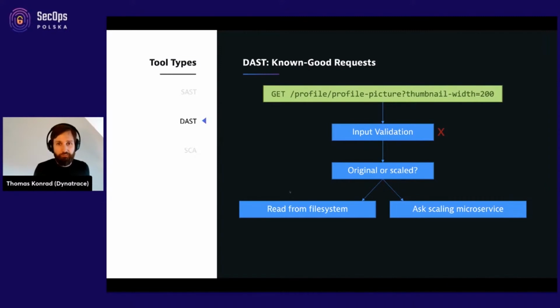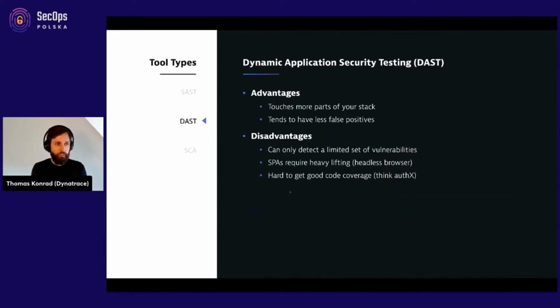It will try anything, but it might get stuck at input validation when trying different attacks. So that scaling microservice back there is never tested because that request never reaches that microservice. So make sure to really take time to teach your DAST tool to really step through the application and do requests that really make sense.